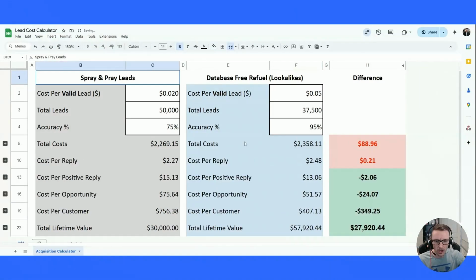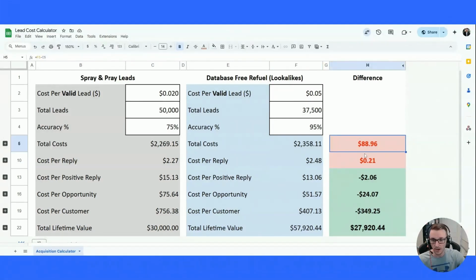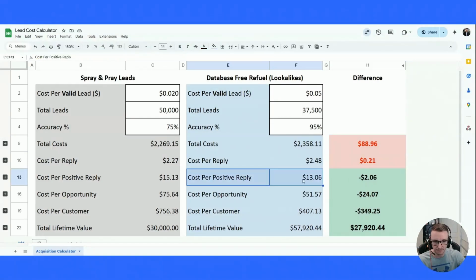All right, so our cost per reply is actually slightly higher. Okay, our total cost is of course slightly higher, but we start to see a better improvement in lower costs when it comes to positive replies.